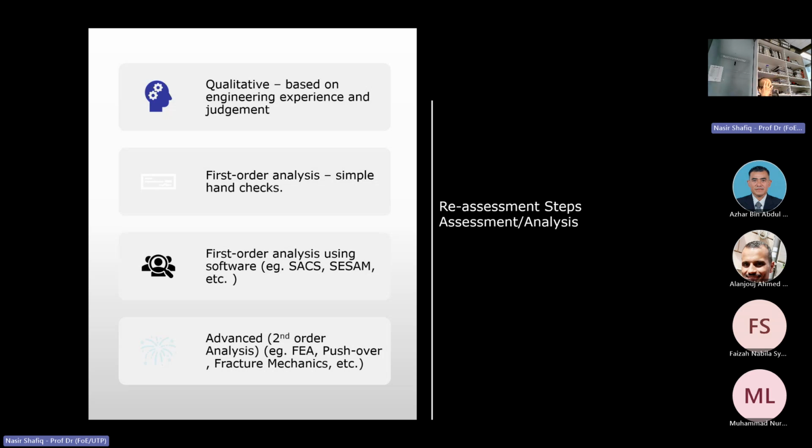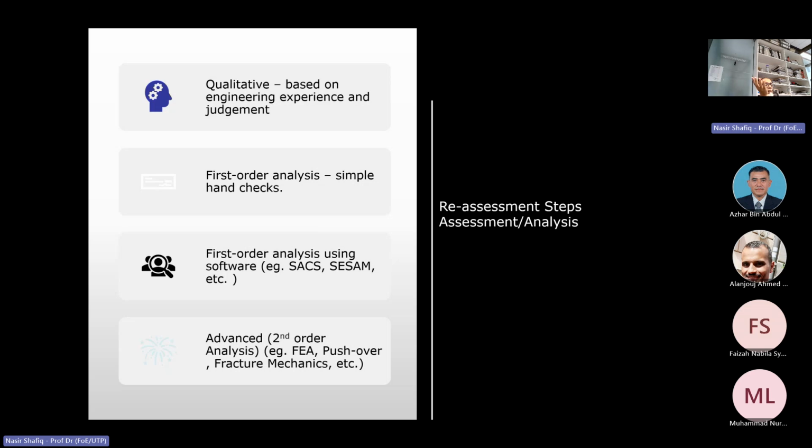You can get some simple data and do simple checks, as in any engineering evaluation, right? Then first order analysis using software, like for the oil and gas industry, for offshore platforms, SSES, for pipelines, CSAM, and so on. So quickly we can run with this data.